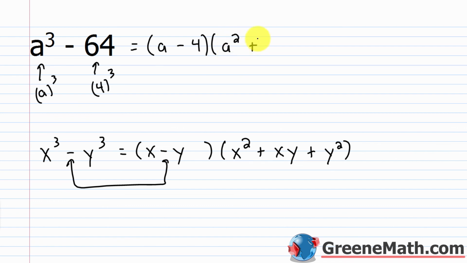Then plus, we have whatever's cubed in the first position times whatever's cubed in the second position. So a times 4, or 4a. Then plus, whatever's cubed in the last position, in this case that's a 4, we're going to square it, just like it is here. So 4 squared is 16. Close the parentheses, and we have the quantity a minus 4 times the quantity a squared plus 4a plus 16.